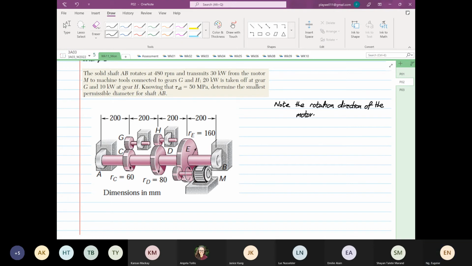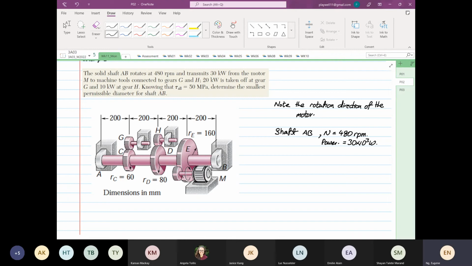Shaft AB has an N of 480 RPM, revolutions per minute, and it can transmit a power from the motor equal to 30 times 10 to the power 3 watts.